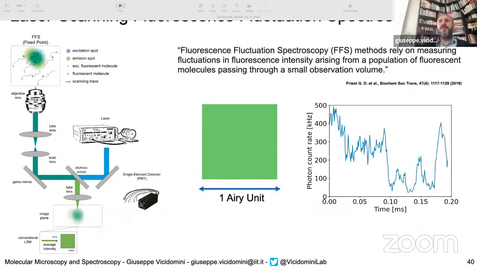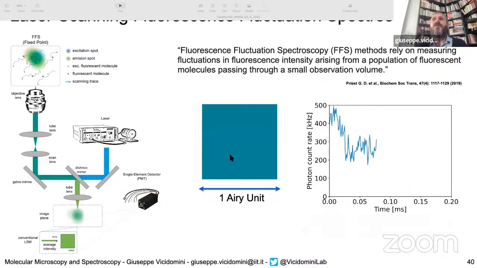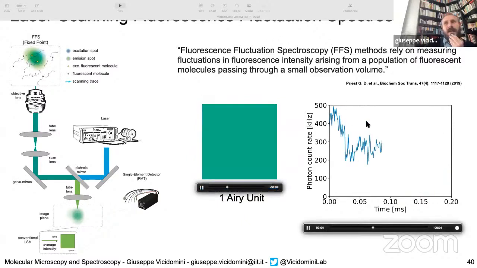So anyway, that's an image. Yeah, that's a video. Now you keep your beam stationary in a specific position of your sample, and you observe the molecule or particle whose dynamics you want to investigate entering in and out of your probed region, generating some intensity fluctuation.